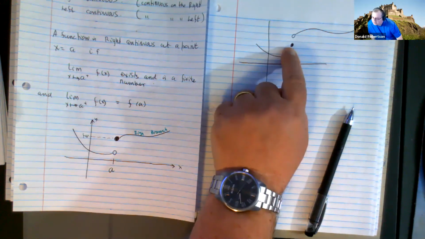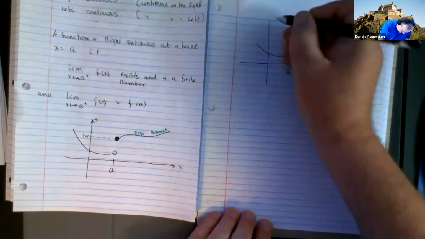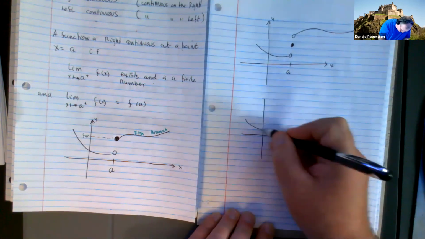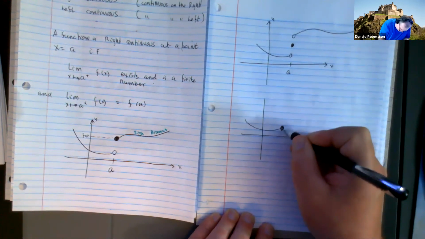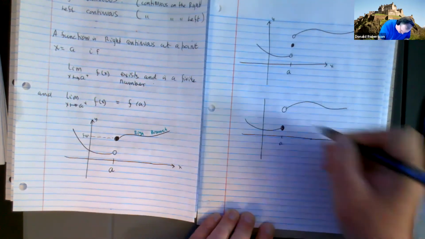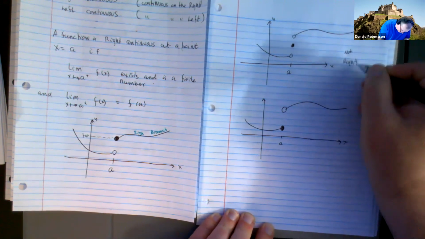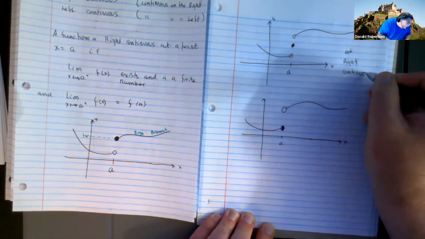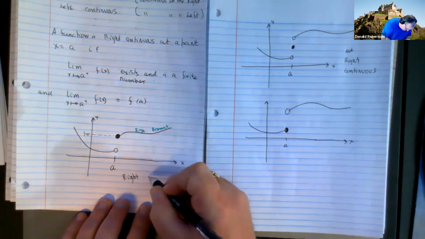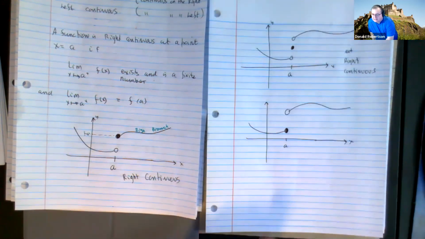Isn't the value of the function where the dot is, not here? Okay, look at this one.